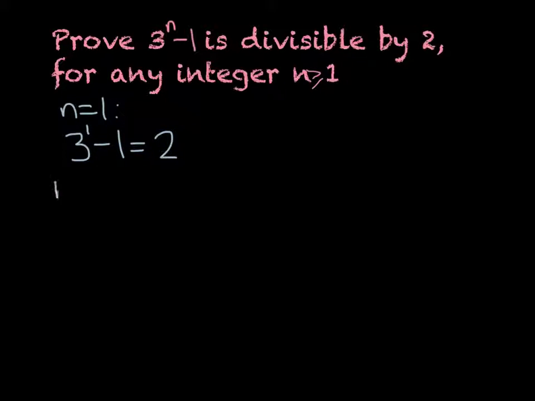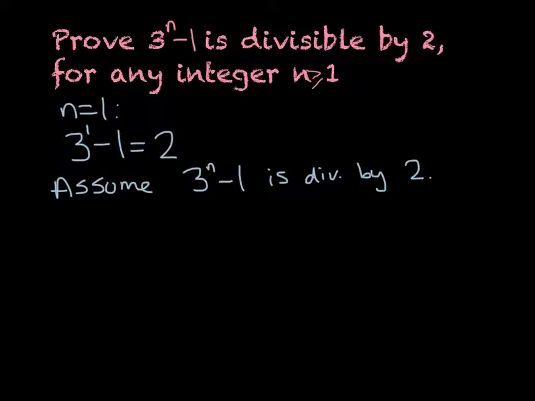Now, we assume that 3 to the n minus 1 is divisible by 2. And we need to prove that 3 to the n plus 1 minus 1 is divisible by 2.